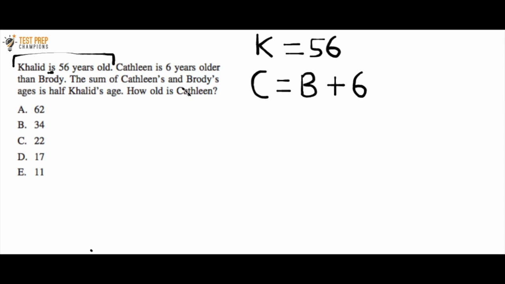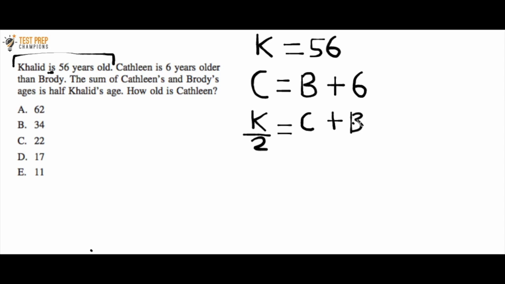Now, it says here, the sum of Kathleen's and Brody's ages is half Khaled's age. So for this, we can write the equation k divided by 2, right? Because half of Khaled would be Khaled divided by 2. So k divided by 2 equals c plus b.